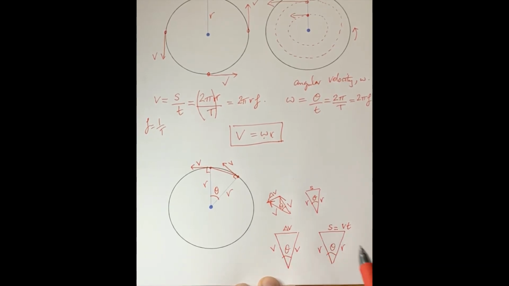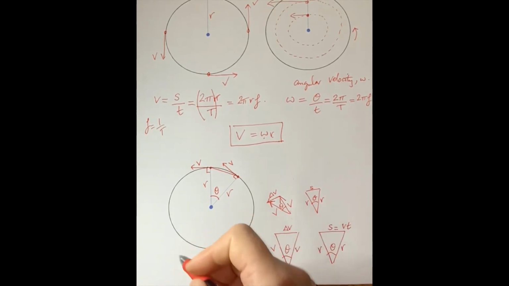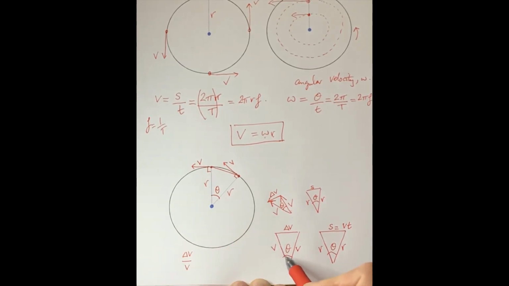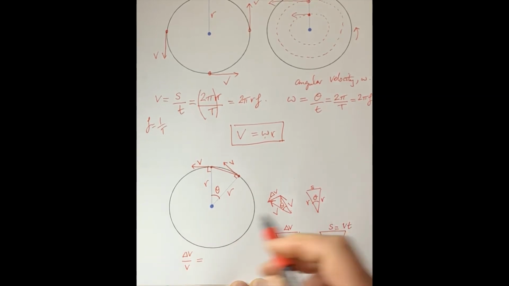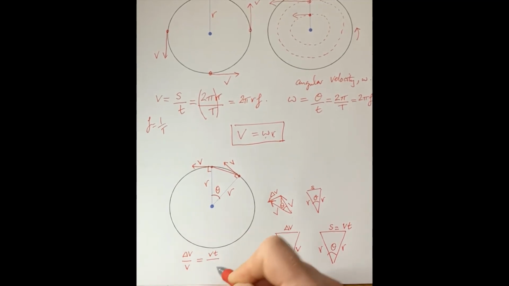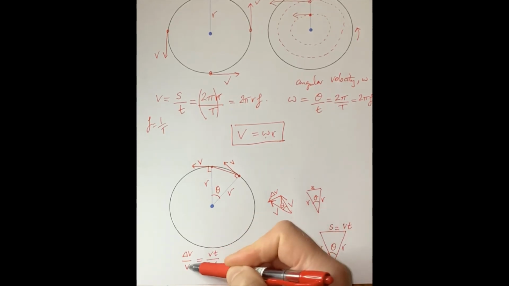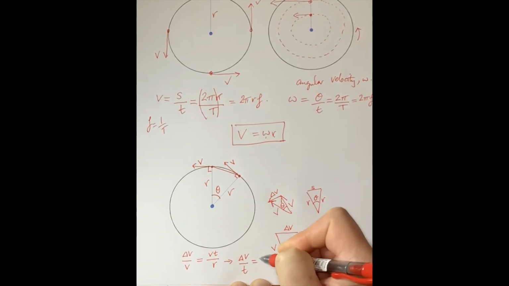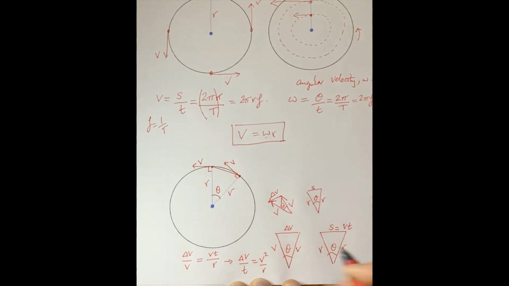And because these are similar, if we do this over this to give the angle, delta v over v should be equal to the angle, but that angle is also equivalent to s over r, which is vt over r. If I multiply up by v and I divide by t, I get change in velocity over time is equal to v squared over r. And change in velocity over time is acceleration.